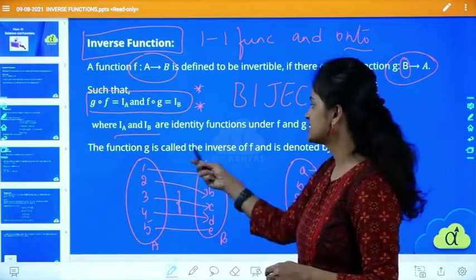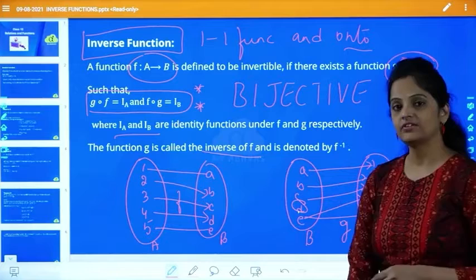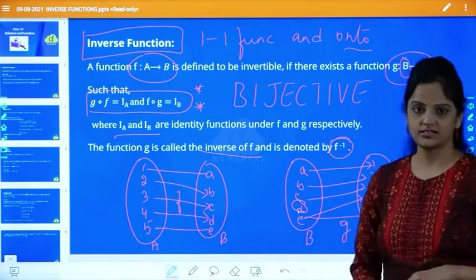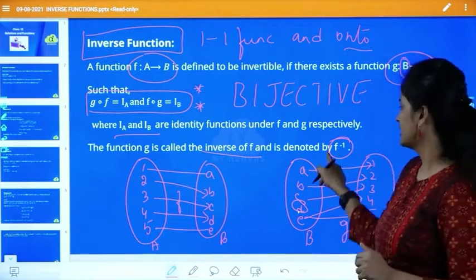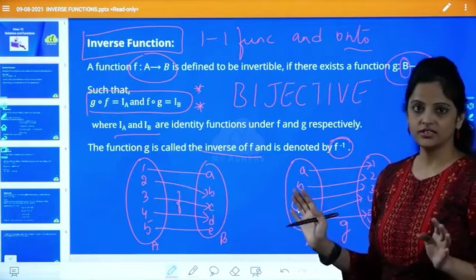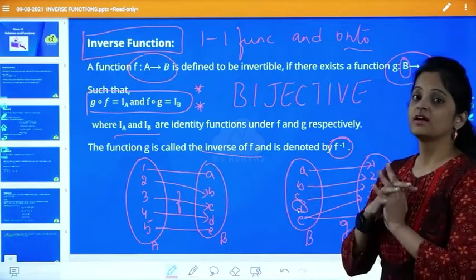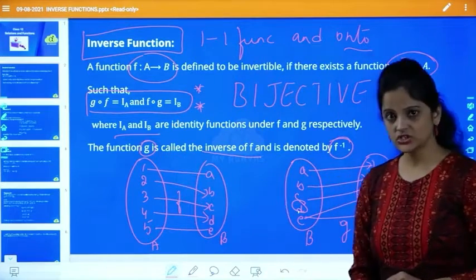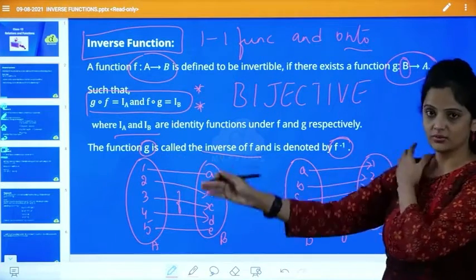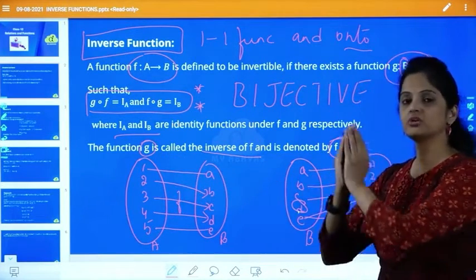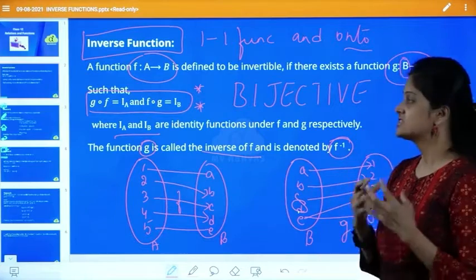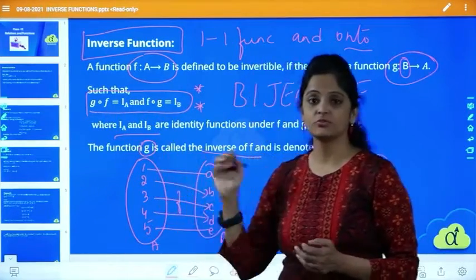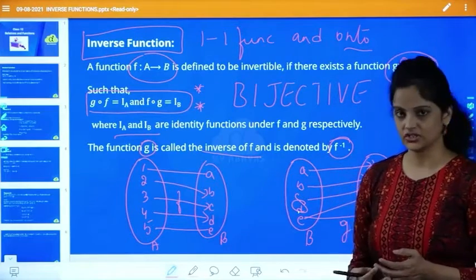The function G is called the inverse of F, and it can be denoted by F inverse instead of G. Got it? So what is inverse? G is the inverse function when you have the mapping the other way, from set B to set A, such that G composition F and F composition G both give you the identity function.